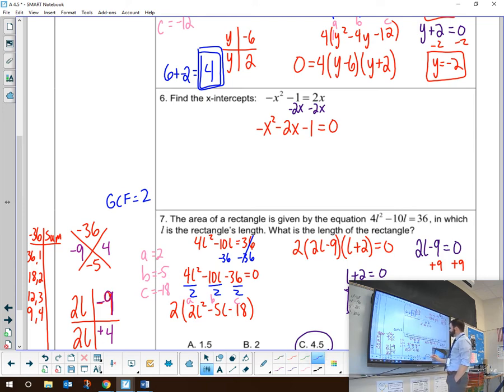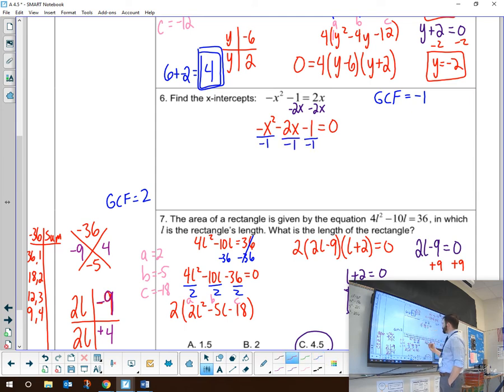Okay, then we look for a GCF. Now here's the thing. The GCF on this one, there isn't one. However, I cannot leave my a negative, right? And right now my a is negative. So my GCF is actually going to be a negative 1. I'm going to pull a negative out of each one of these, all right? I'm going to pull a negative out of here, a negative out of here, a negative out of here.